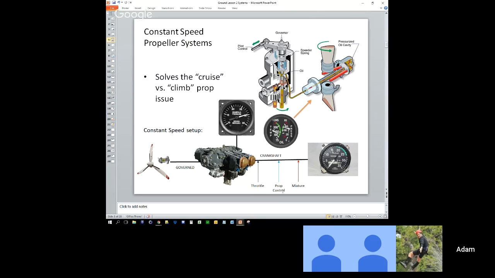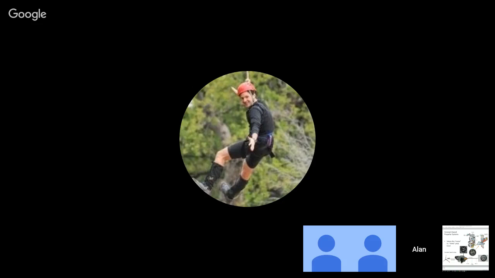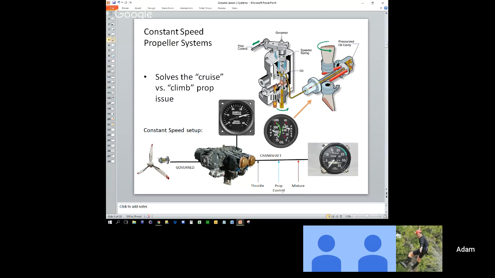It needs to be cutting as little air as possible to let the engine have as much power as possible. And then when you pull the blue propeller control back for low RPM, you're going to get a very high angle of attack blade angle on the prop. Does that make sense? The prop control?